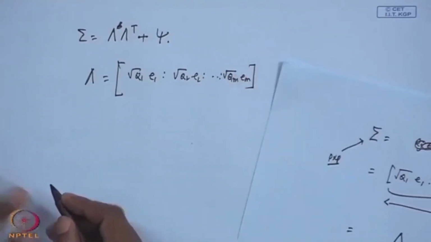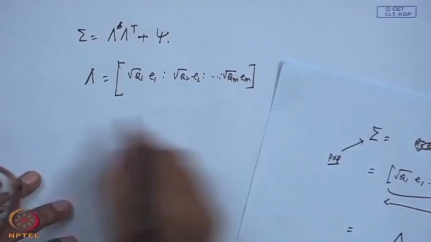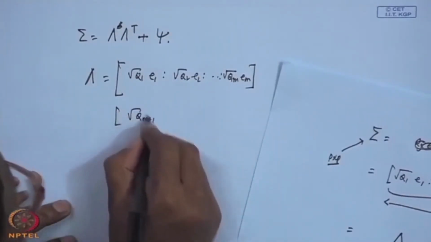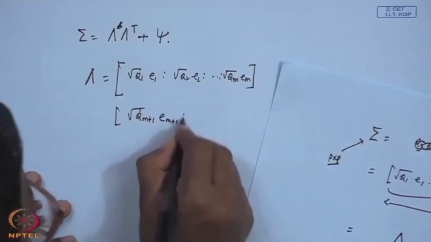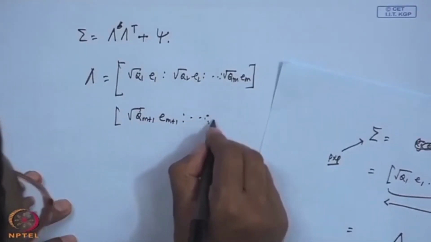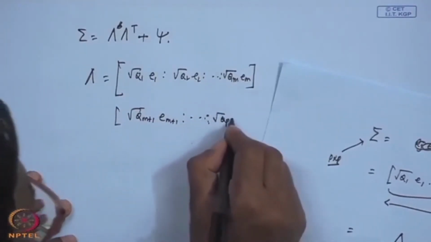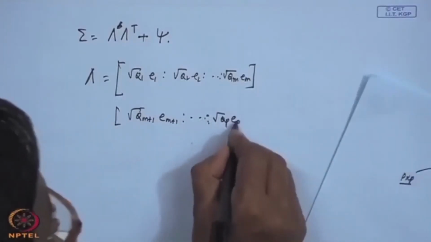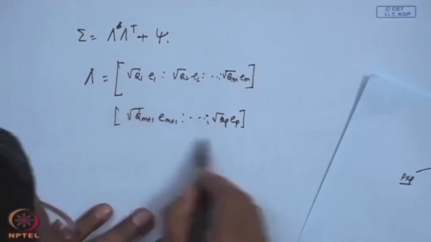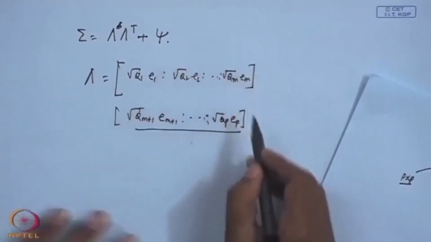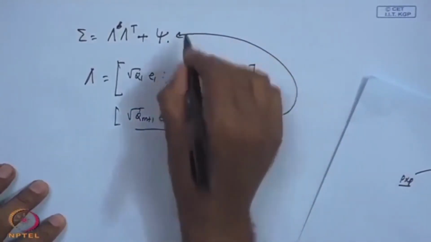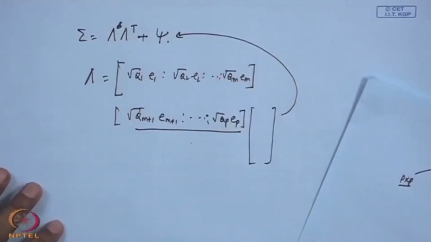The remaining portion, root q m plus 1 e m plus 1 to root qp ep, this portion multiplied by its transpose we will relate to this psi.